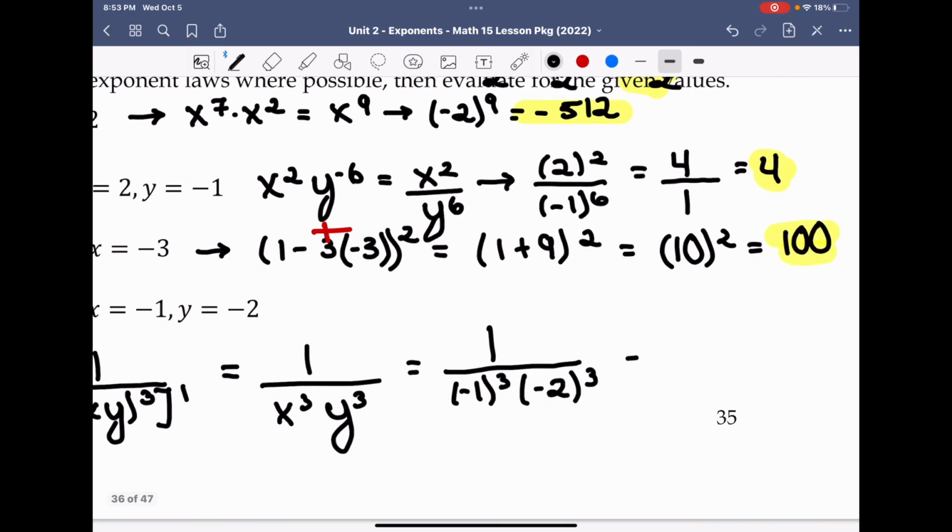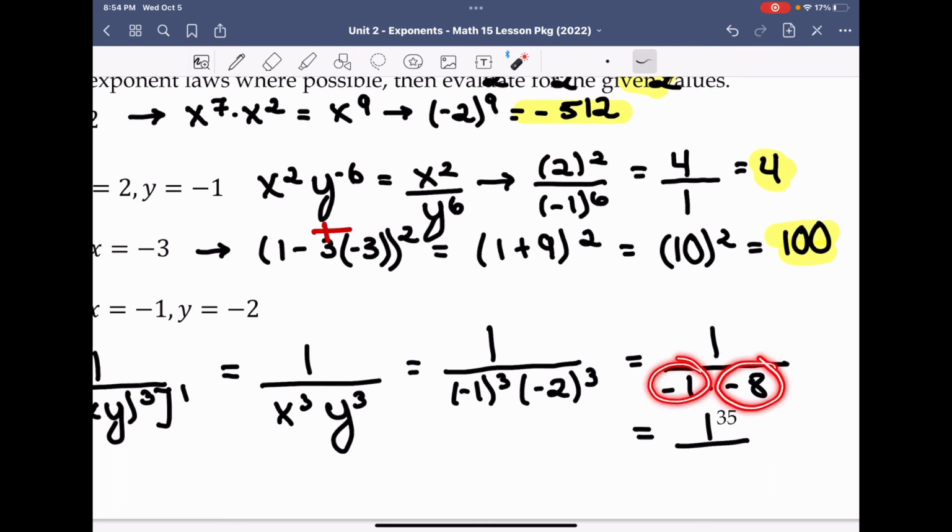So this is equal to 1 over a negative raised to an odd exponent. In this case, a negative is raised to an odd exponent in both of the cases. If this is true, then I know that I'm going to have a negative in the end. So it's going to be negative, and 1 cubed is 1 times negative, or 2 cubed is 8 with the negative. And this is equal to 1 over, well, a negative times a negative, or negative 1 times negative 8, gives me a positive 8.